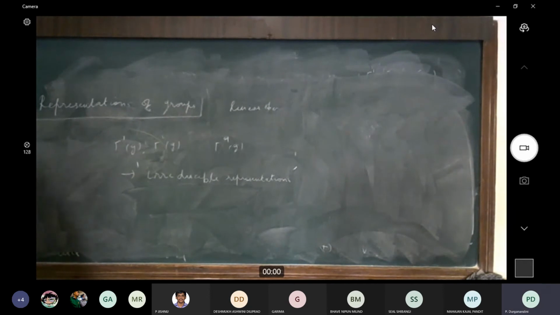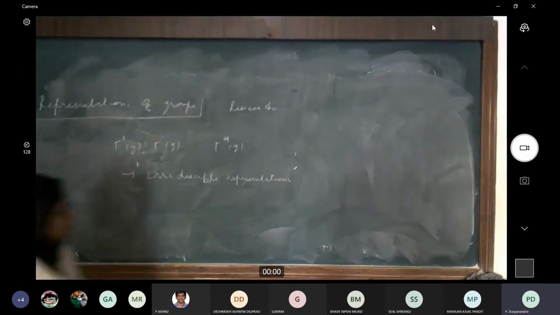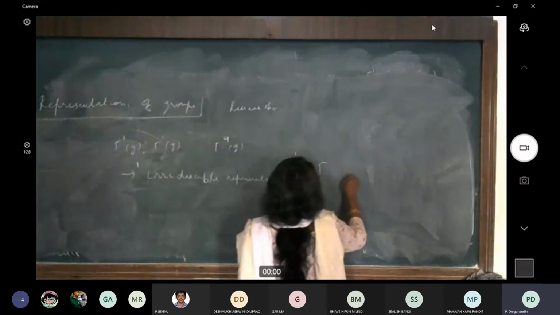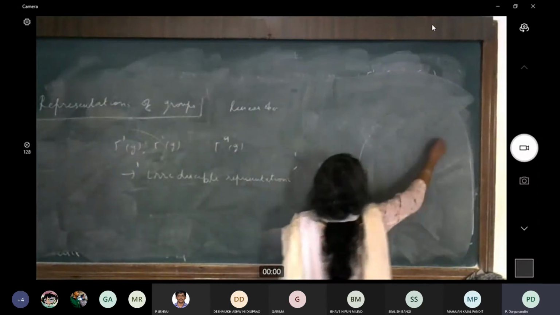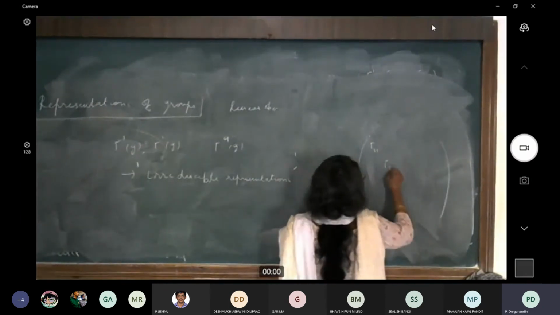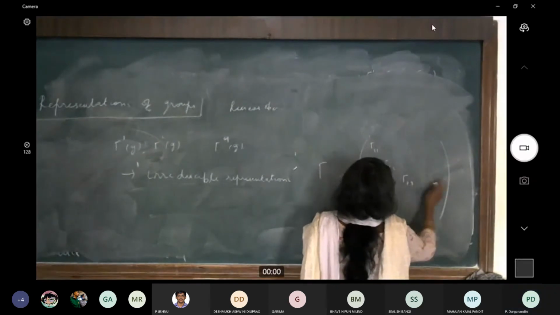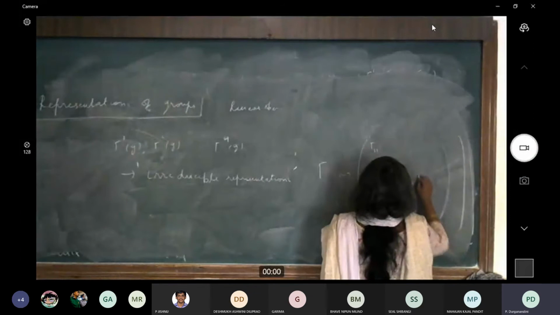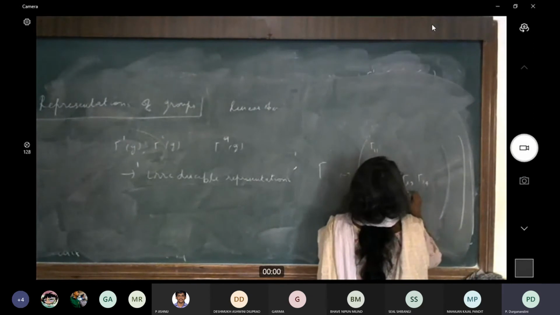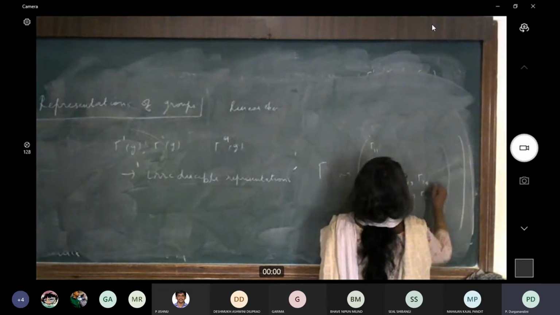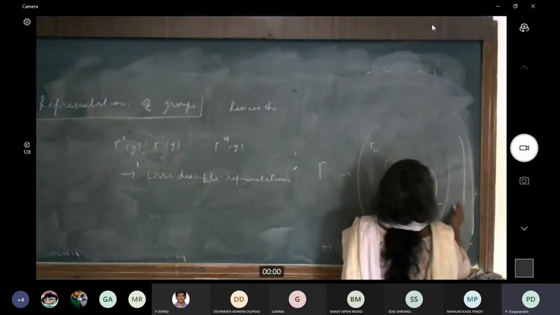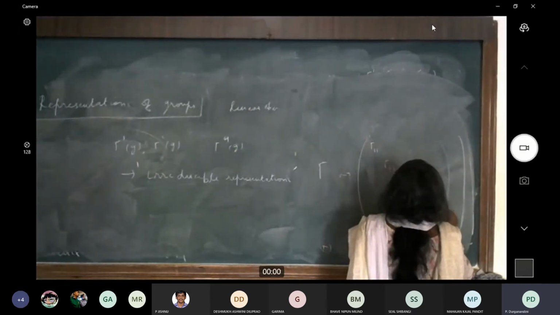And this example also tells you, let me just write it again. So this gamma, when I brought it into the block diagonal form, it was gamma 1, gamma 2, then I had gamma 3, gamma 4, and then gamma 5 and gamma 6.